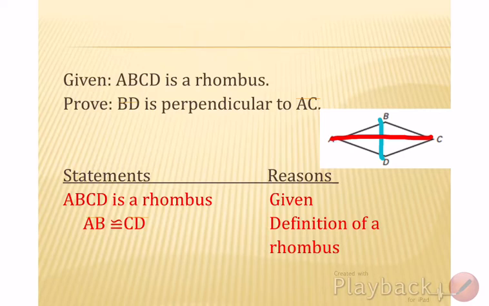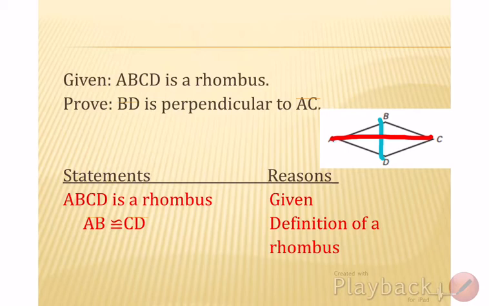When we write our proofs, we start with the statements. ABCD is a rhombus, and that's given. Then we can write that segment AB is congruent to CD by definition of a rhombus.